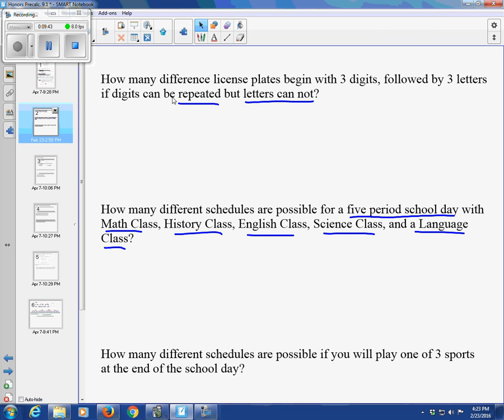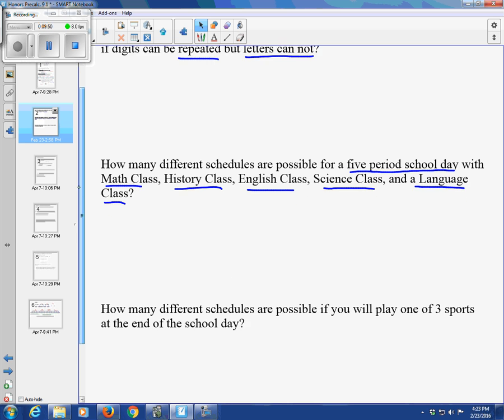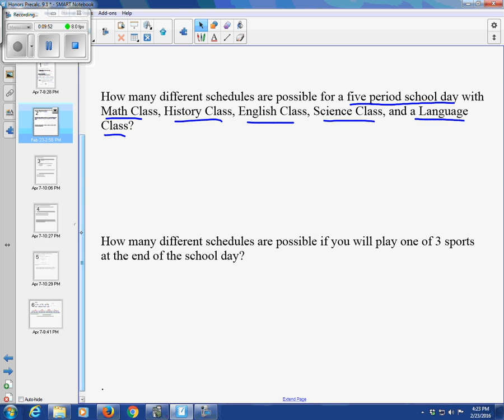So we've got 5 periods and 5 classes to fill those periods, and we want to talk about all the different arrangements we can have for our schedules. And next, how many different schedules are possible if you will play one of 3 sports at the end of the school day? Why don't you go ahead and give this a shot. Obviously, this last problem references back to your 5-period school day. Give these a shot, and we'll come back and look at these in a second.